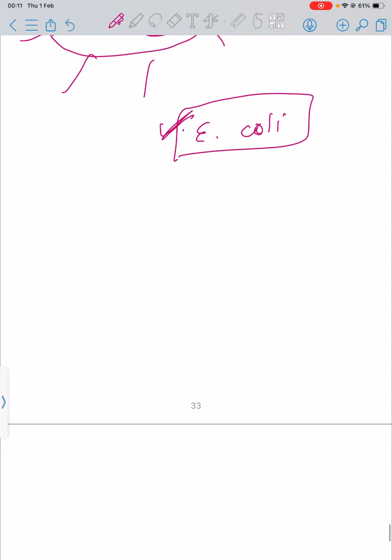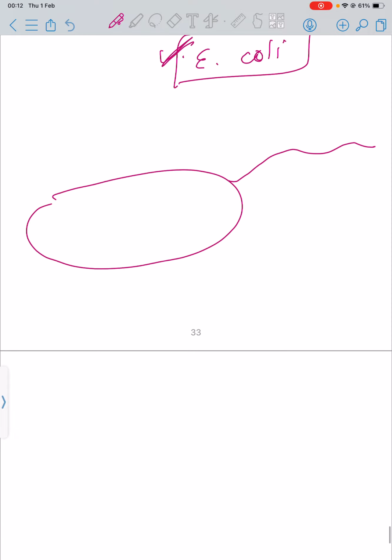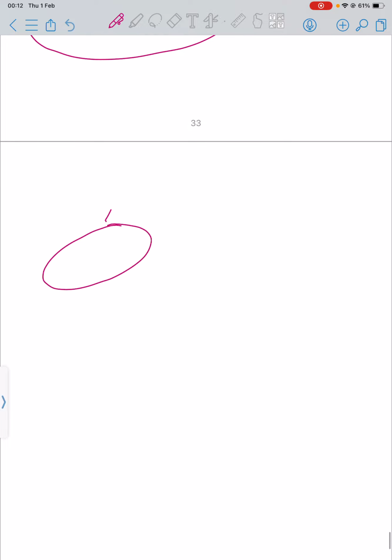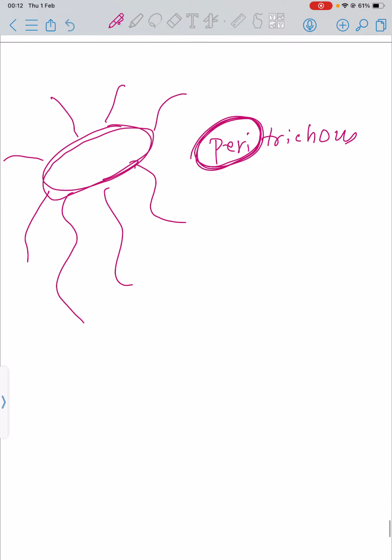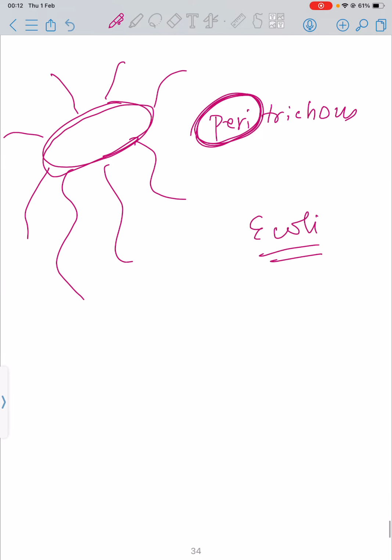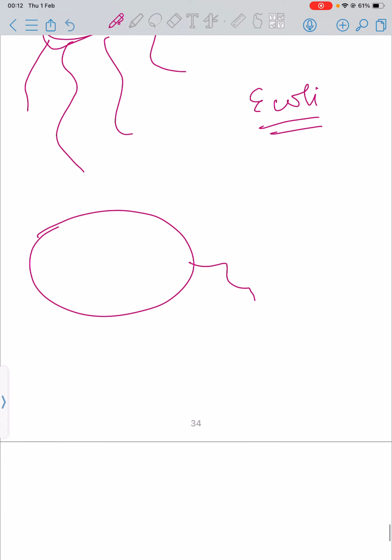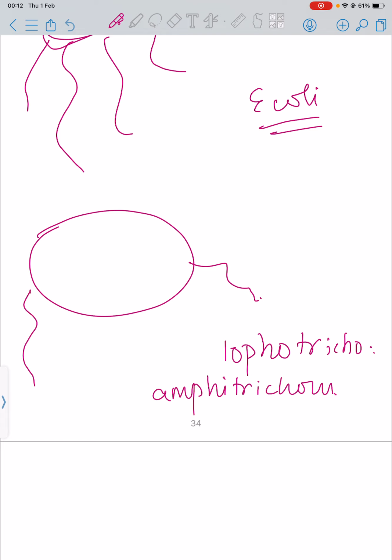Flagella can be of 4 types. One is peritrichous, that is all around its periphery. E. coli is an example. Another is lophotrichous, just one tuft. Amphitrichous, 2 sides.